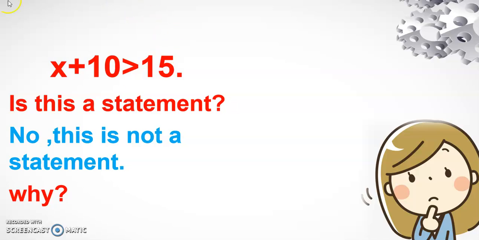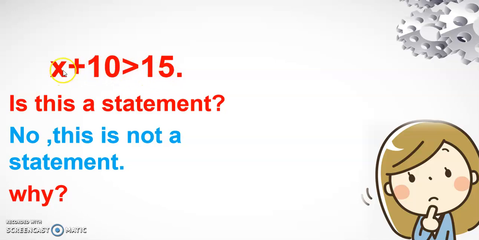Yes, because this sentence is not always true. How? If I put the value of x as 2, then the sentence becomes 2 plus 10, that is 12. 12 is not greater than 15, no?